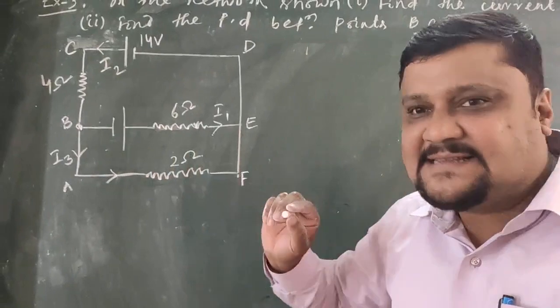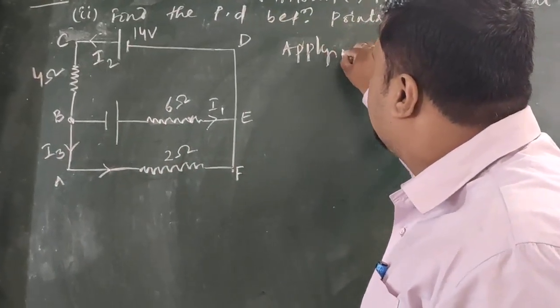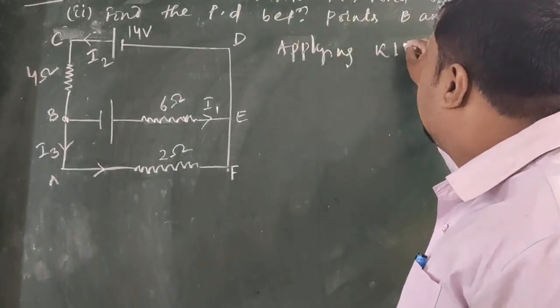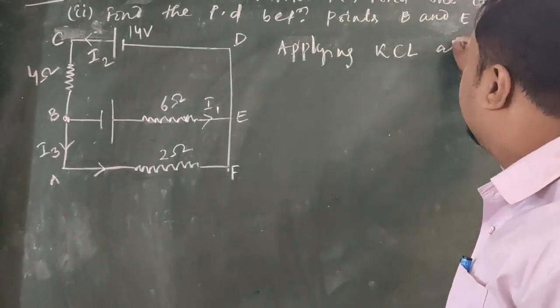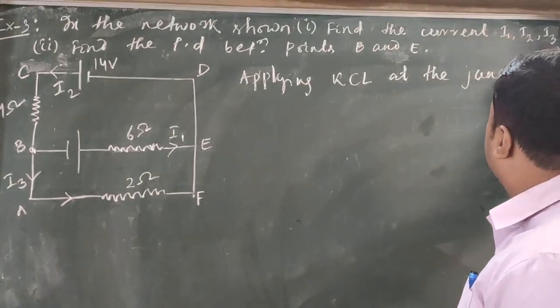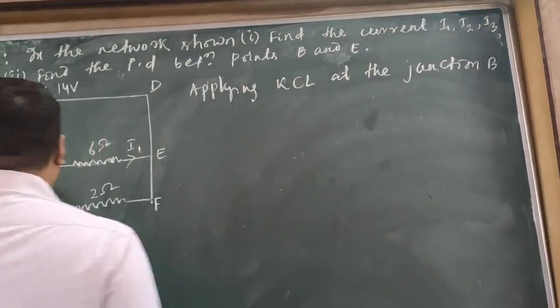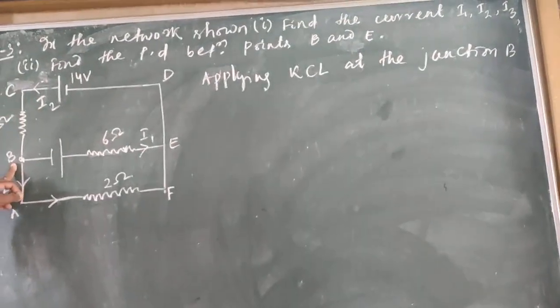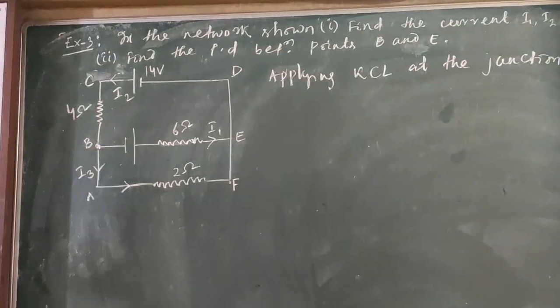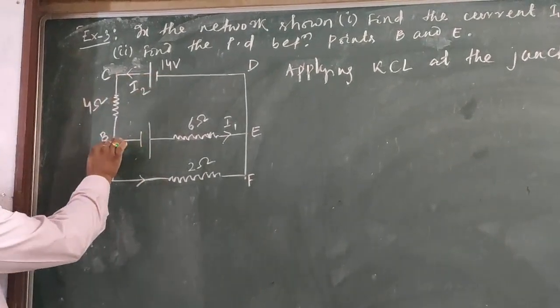Apply KCL at the junction B. Now you see here, this I2 current comes here.